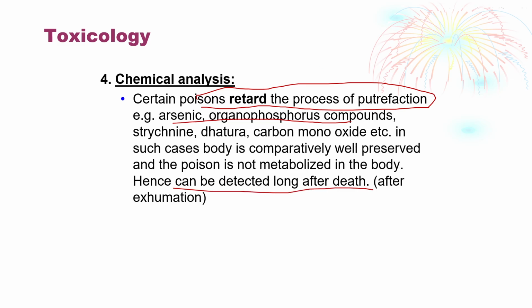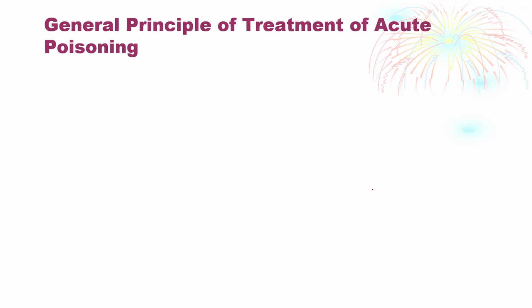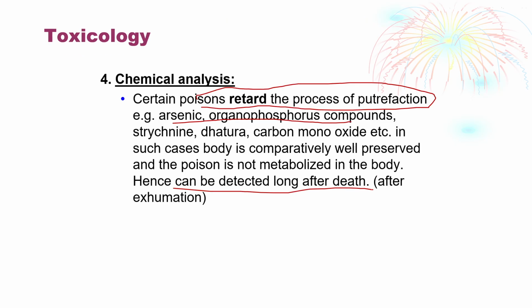Hence, they can be detected a long time after death, even after exhumation. So that's all for our topic. We discussed how one can diagnose poison in the dead and in the living. These topics are important. There are separate subtopics for the living and separate subtopics for the dead.